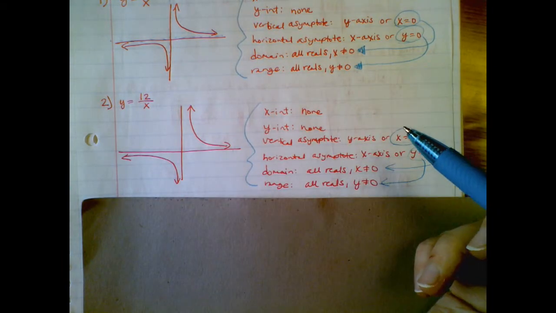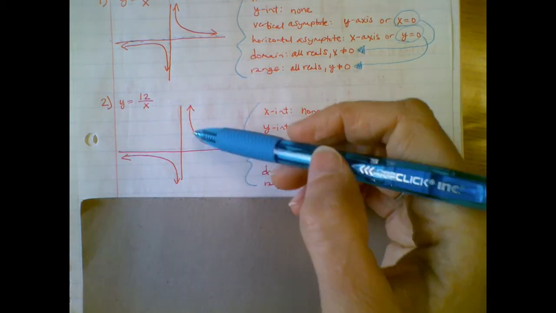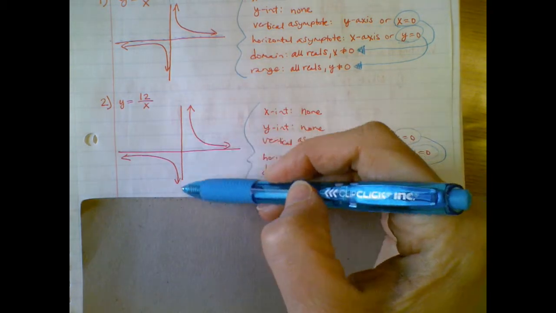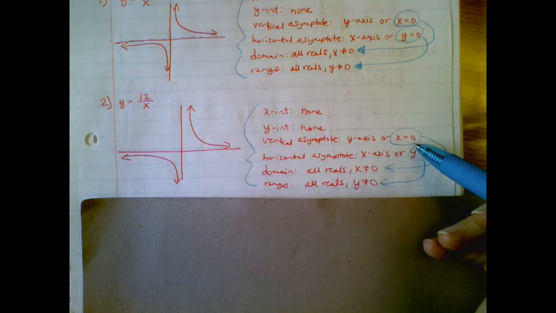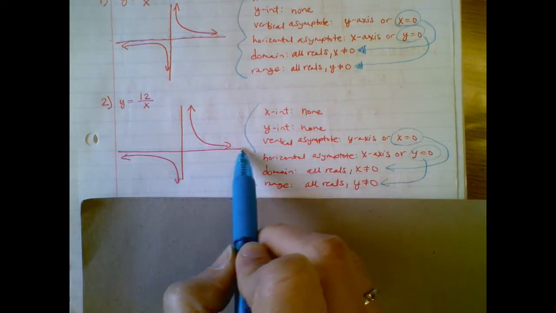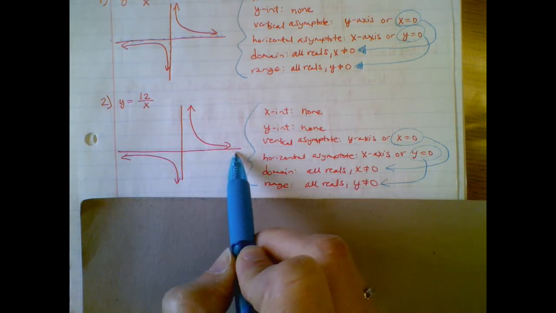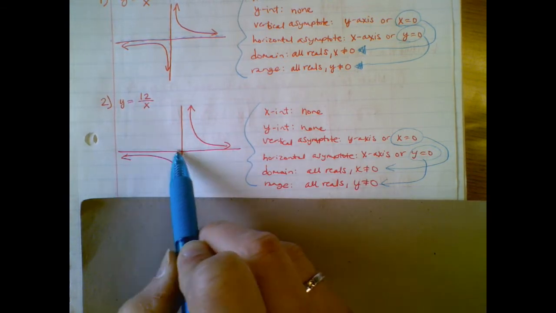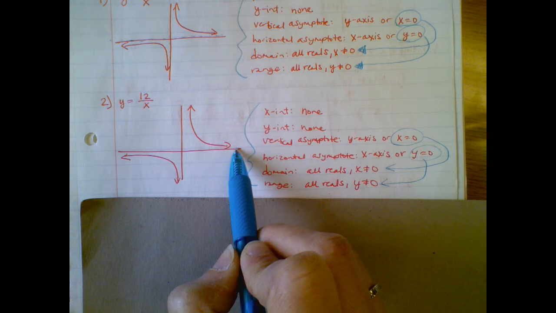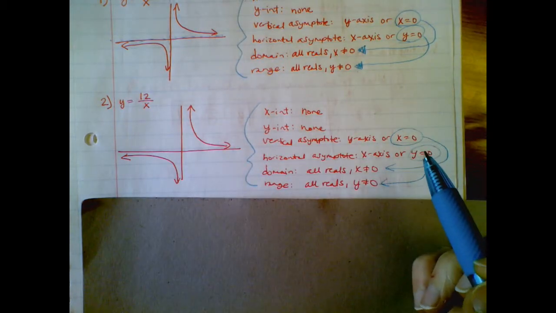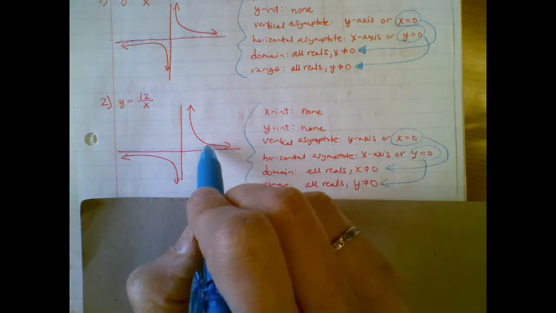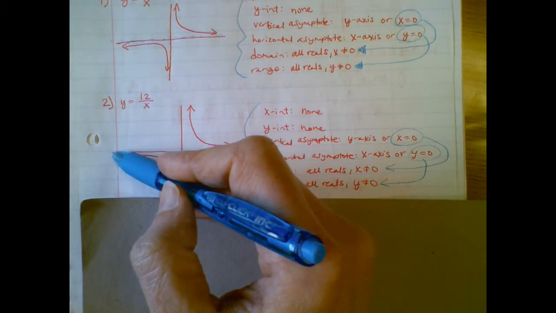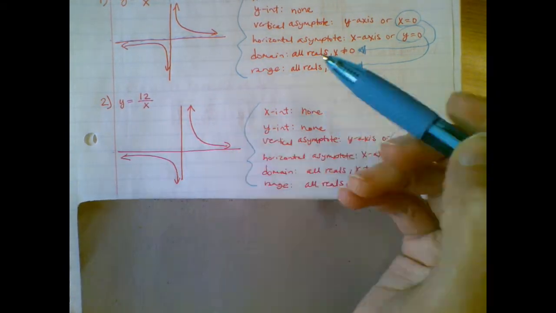The vertical asymptote, where can I make that vertical line that it approaches but does not cross? Right here on our y-axis, or x equals 0, would be my vertical asymptote. My horizontal asymptote would be right here, my x-axis, or I could put y equals 0. My domain, my possible x values, are going to be all reals, but notice it keeps getting bigger and bigger, smaller and smaller, but right here at x equals 0, there's a jump.